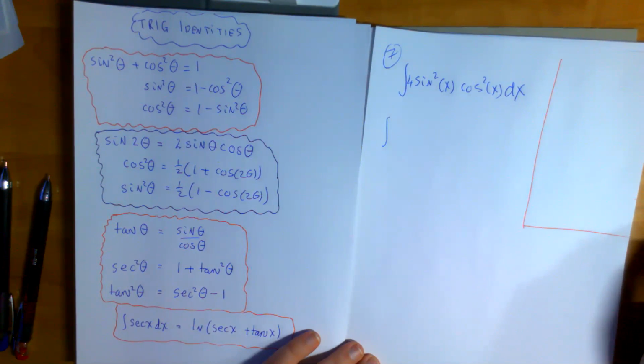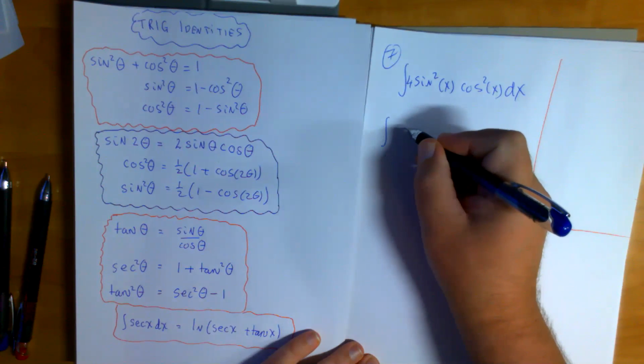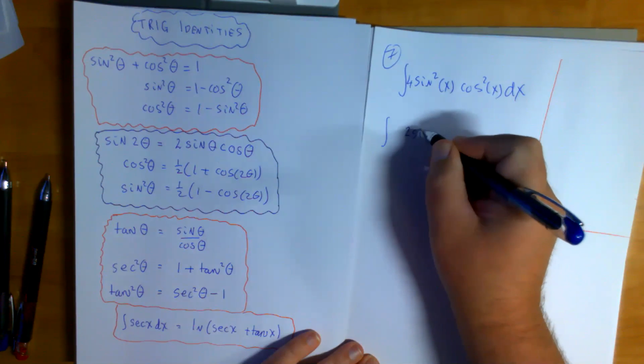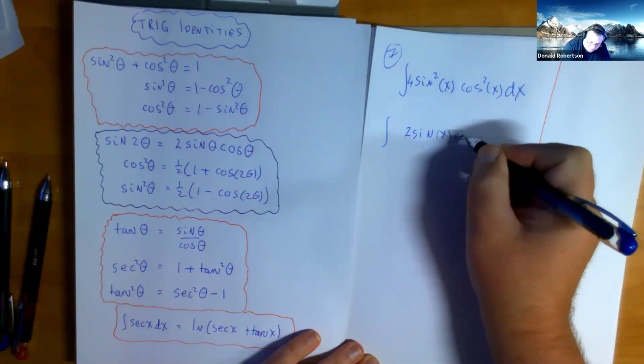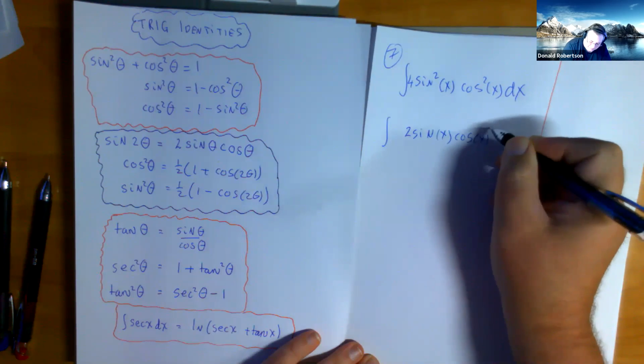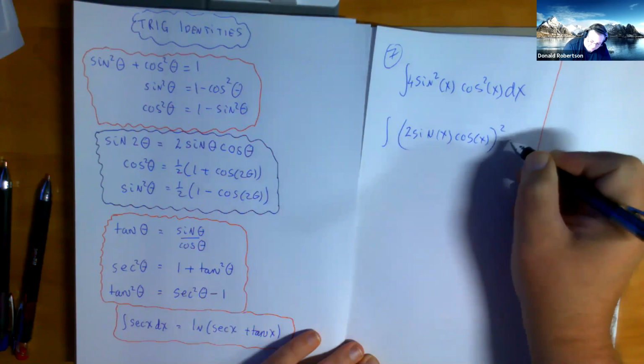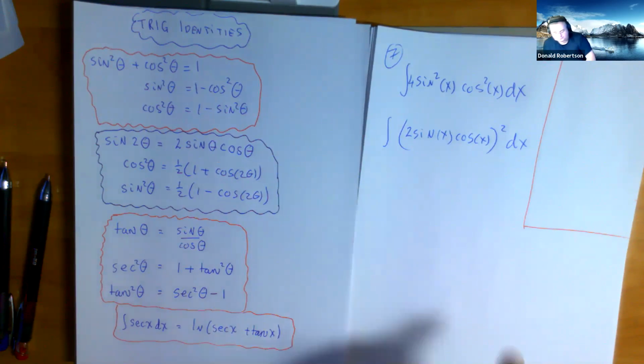But then would we have to square it? So sine 2 theta squared, or square all of it? Oh, yeah. Okay. So is this guy that guy?